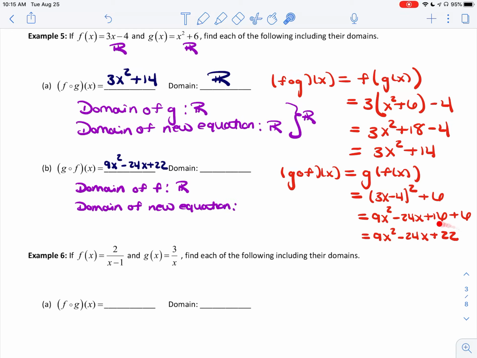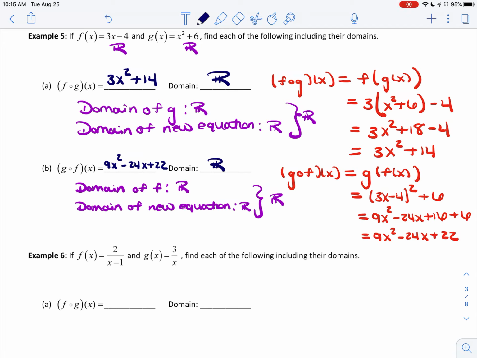So our new equation down here, it's a quadratic again, so no denominator, no square root. So its domain again is all real numbers. So where all reals and all reals overlap is of course also all reals. So that's our answer.